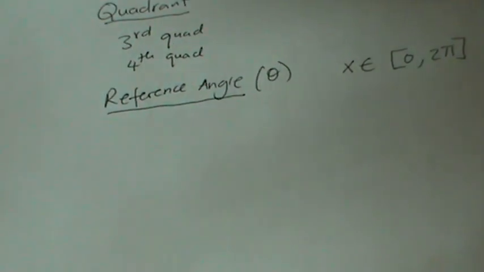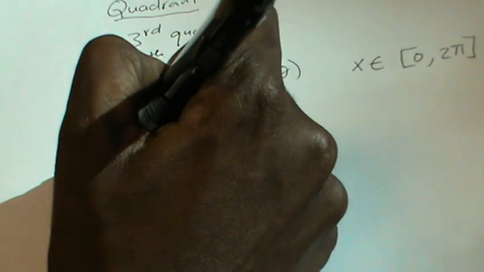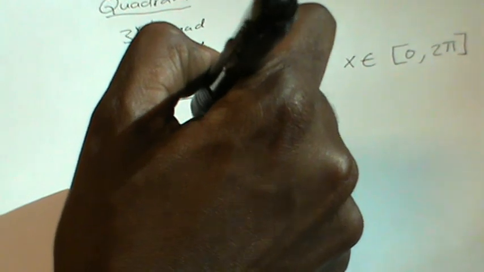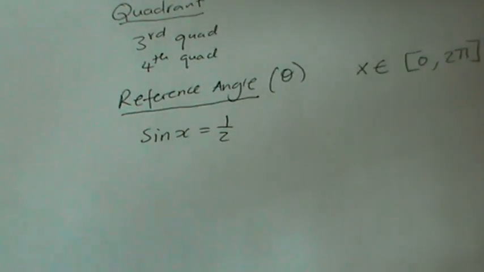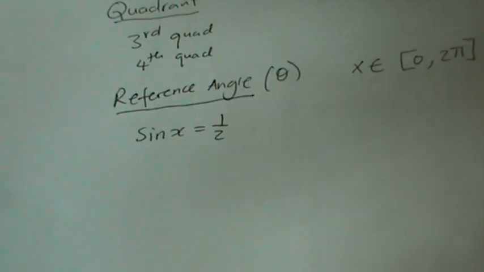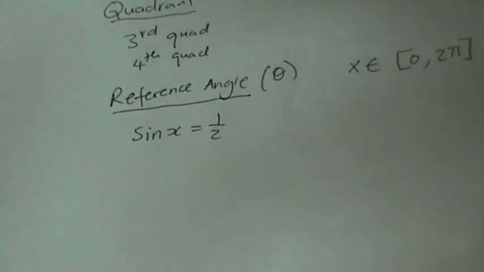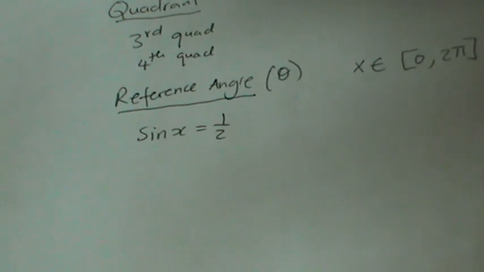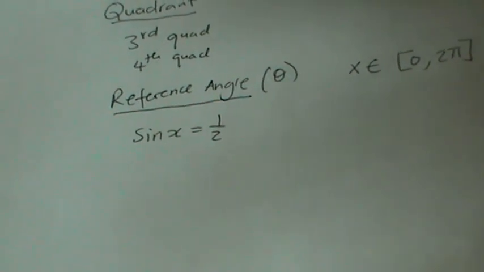So for my reference angle, I look at what I have. I will just write sine x is equal to a half. So when I'm finding the reference angle, I ignore the sine. I'm just looking at the half so that I can get an angle that is in the first quadrant. So you ignore the sine when you're finding the reference angle.